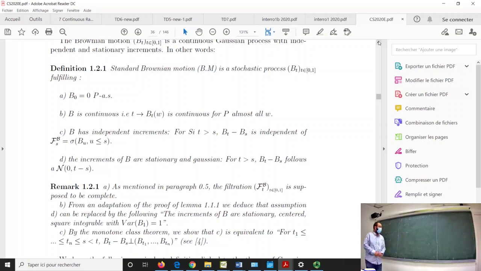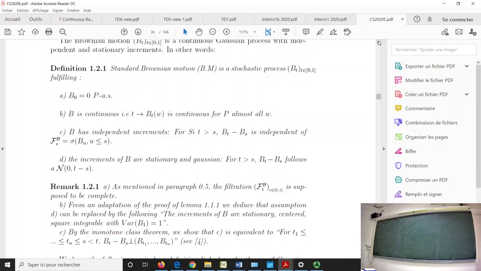So this one is Gaussian because B is a Gaussian process. Since you have a Gaussian process, if you take this kind of quantity, you are sure to be Gaussian.